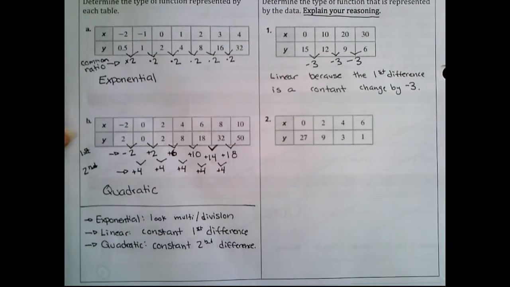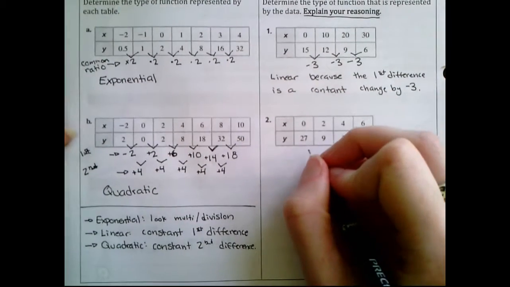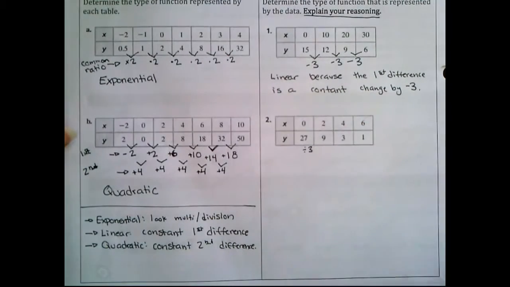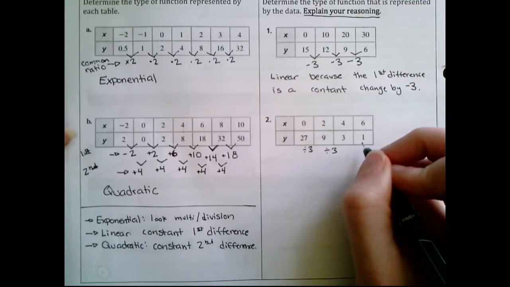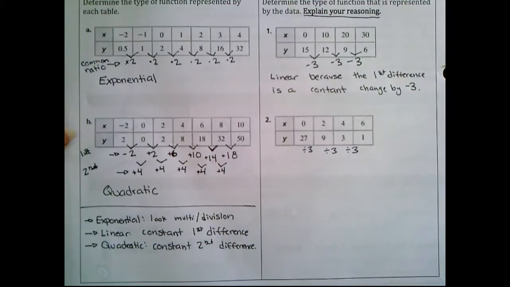Now for 2 here, okay, I'm going to look for division. Well, I know here I could divide by 3. Here, I could also divide by 3. And then divide by 3. The reason I was looking for division was because my numbers were getting smaller in my y values.